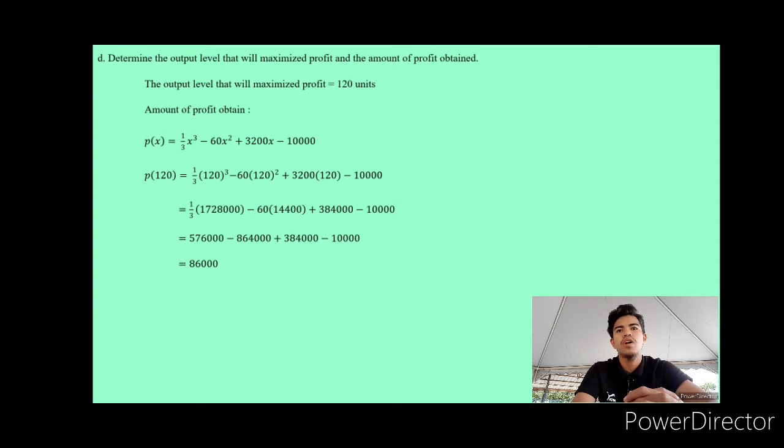As we know, the output level that will maximize profit is 120 units, that we get from the question already. For the amount of profit obtained, we must evaluate the profit function at 120, that we can get the amount as much as 86,000.